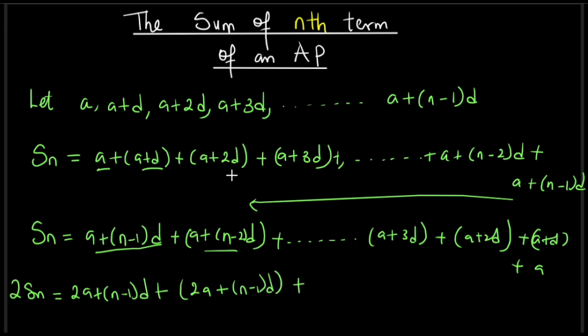When you continue to add each, you will be getting something like this. Another part will still give you 2a plus n minus 1d. It is going to continue like that until it gets to the number of terms that you have in that sequence. So in this case, we have n number of terms, meaning that it is going to appear n times.